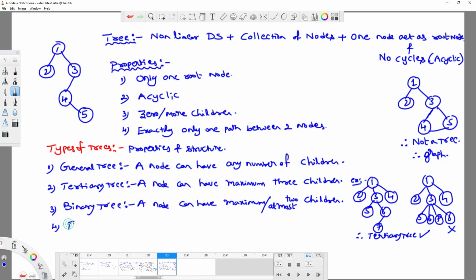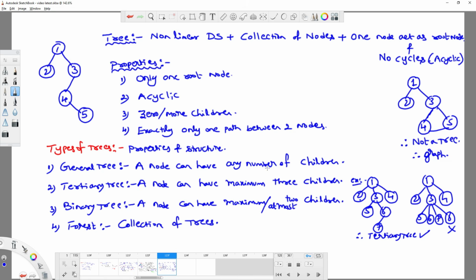Similarly, we can introduce one more terminology called forest. So in the real world, how does a forest look? More number of trees, right? Collection of trees, we call it a forest, right? Important for the interview, right?